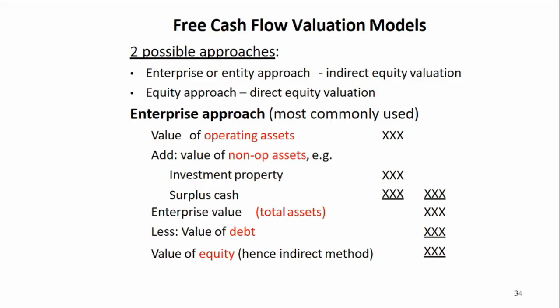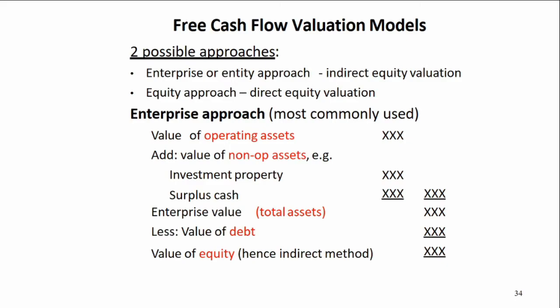Once we have the value of the operating assets, we then need to determine which assets are non-operating assets. So often there will be two types of assets in a company. Those that form part of the operations and are used to generate operating income like revenue. Or a company will also have non-operating assets.